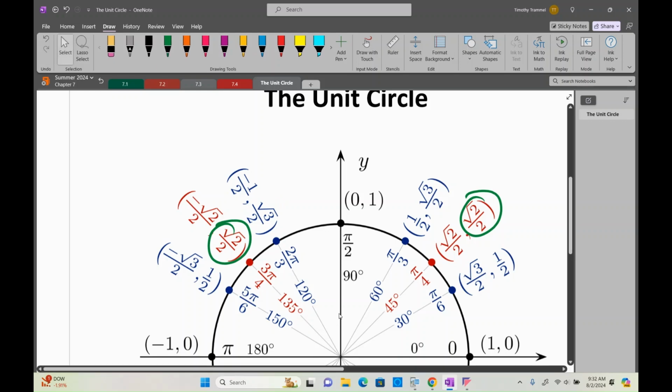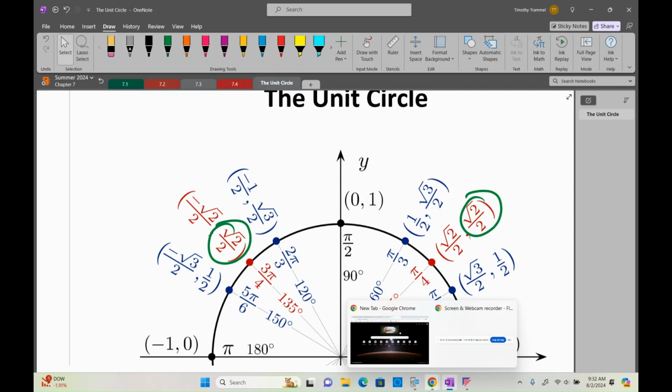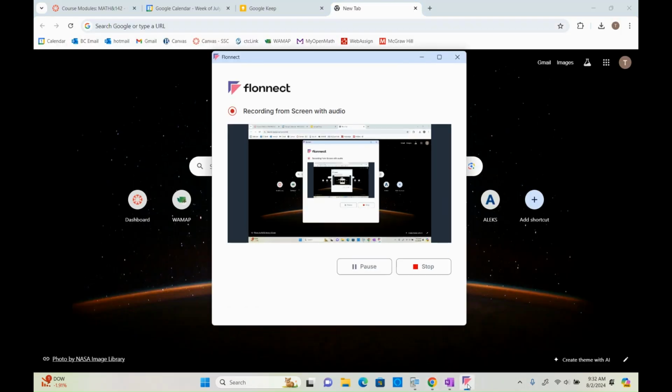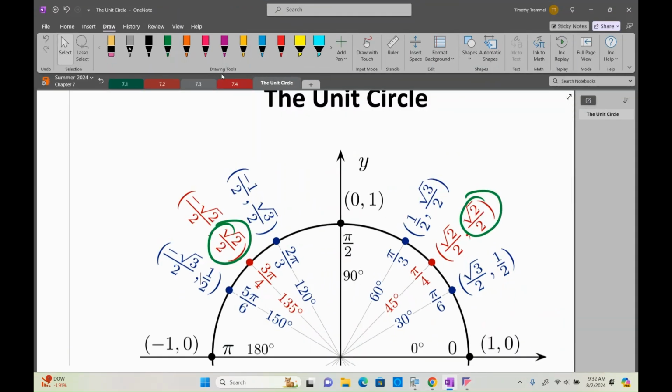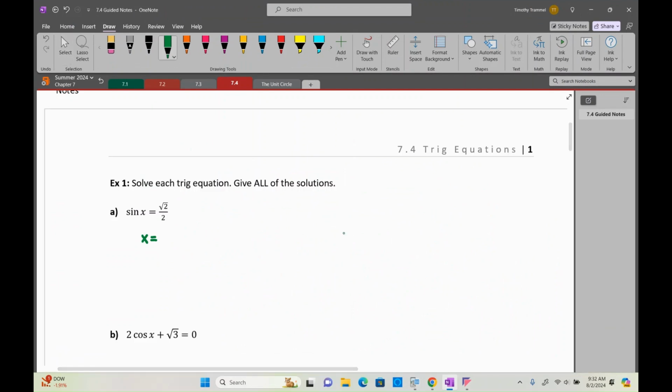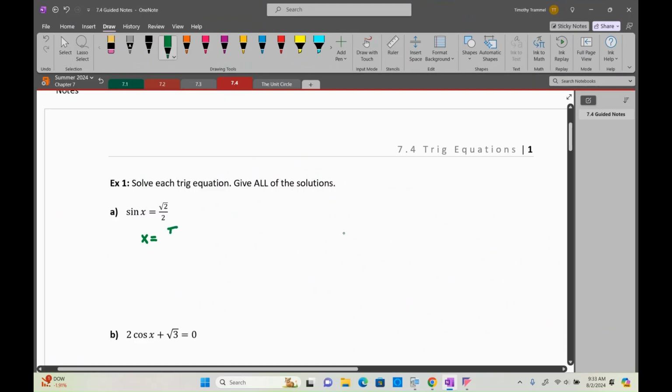Okay, so let's record those: pi over 4 and 3 pi over 4. There we go. So we have, again, pi over 4, and I'm going to write it right below. I want to leave room for something else here.